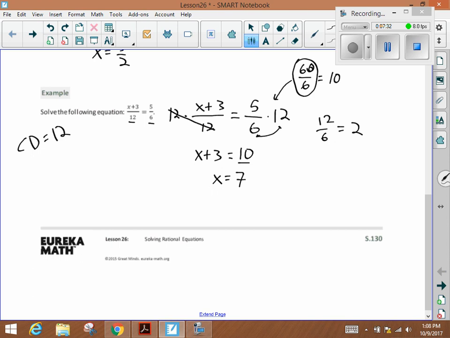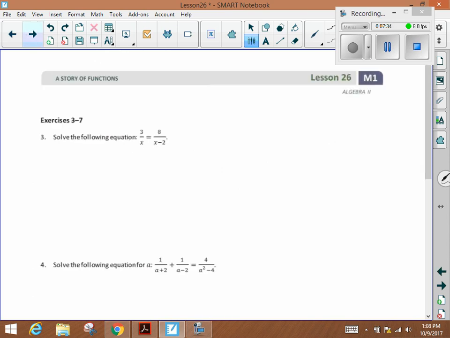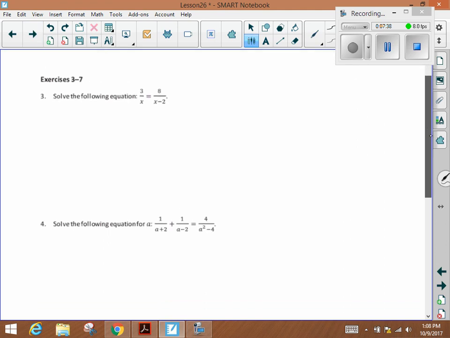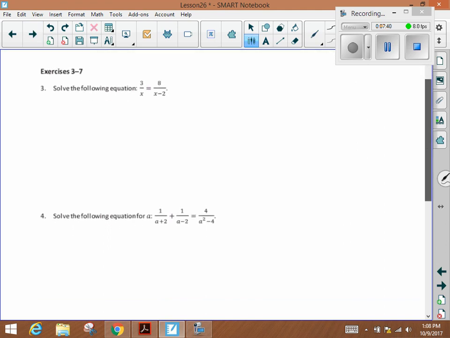Okay, let's move right along and try some more of these. Ooh, they're getting ever more complicated, aren't they? Okay, so when we have these truly rational equations, where we have a variable in our denominator, again, we're going to do the same thing we did before. We're going to find a common denominator.